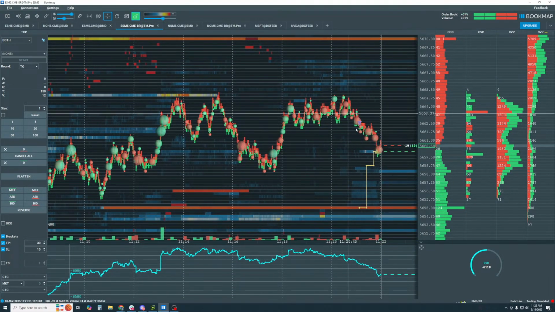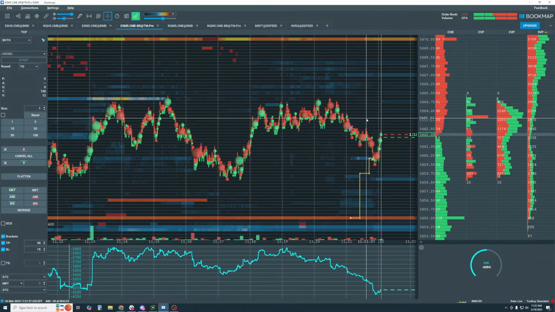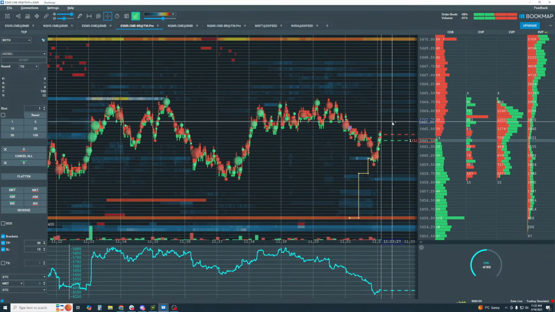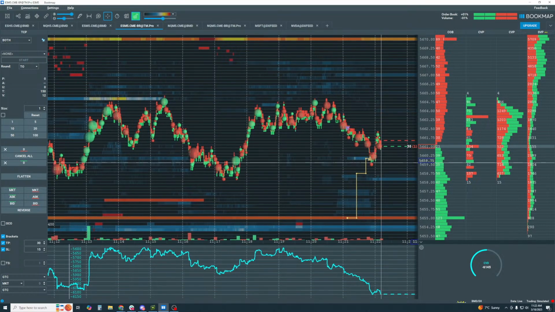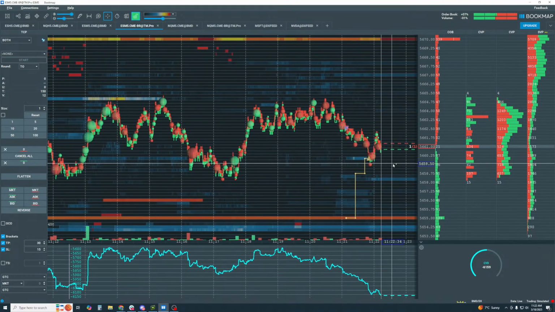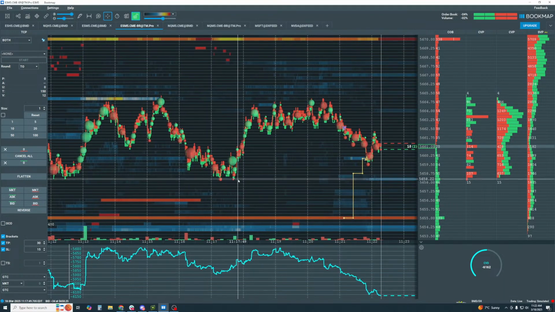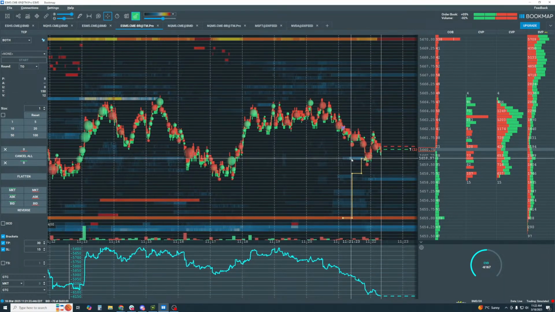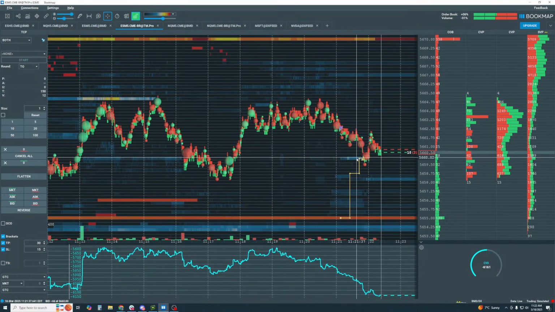We're still looking for it to go lower. This is where it always cracks me up. A lot of traders say, I'm looking for the target down here, and I get that, but liquidity matters. It makes a big difference.